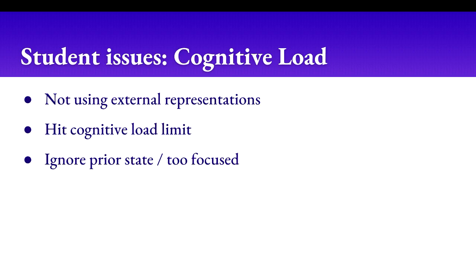They're using the paper to do it. Hitting the cognitive load limit causes students to make really silly mistakes. A really common one is to think that all the variables are the same value. And this can result in some really strange behavior. And this is because the students just don't quite have space in their working memory to store what the code is doing as well as all the variables.